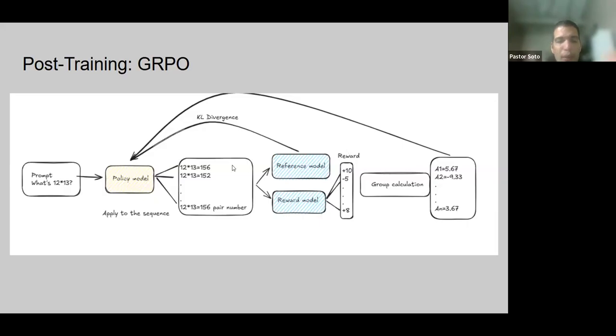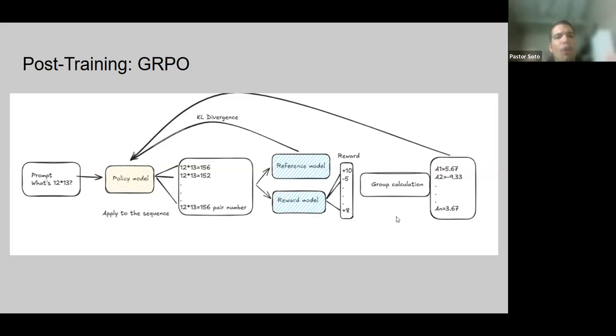And from that reward, for instance, if you have the correct answer, it's +10, and if you have a wrong answer, -5, and if you have a good answer but it has more information than you need, it's +8, because it's not as good an answer as the first one.